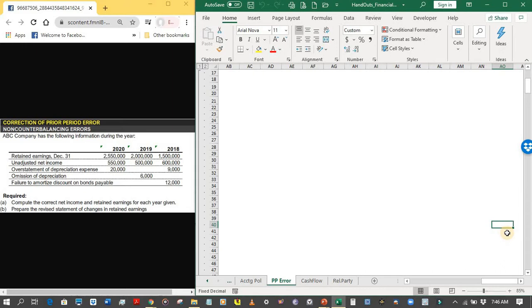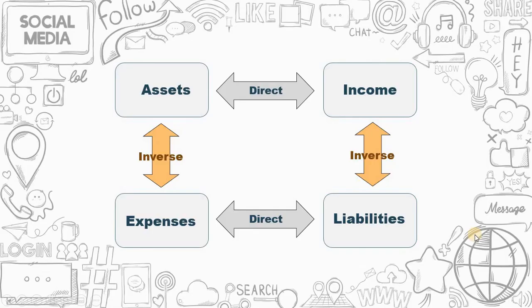So to analyze the effects of the prior period errors on the retained earnings and net income of the entity, let us use this illustration. So these are the relationships of real accounts and nominal accounts. So first is assets and income. So what is the relationship between asset and an income?